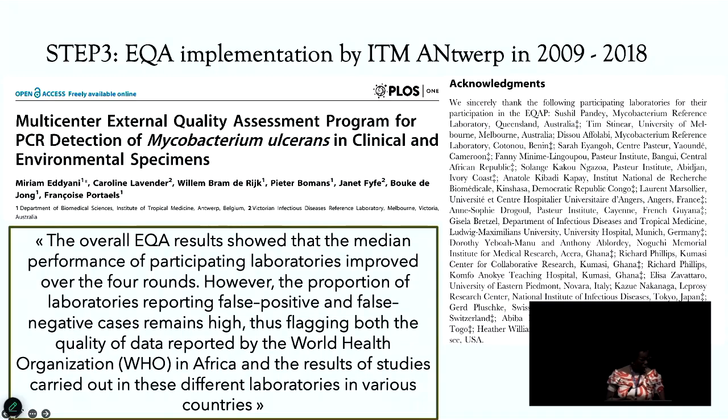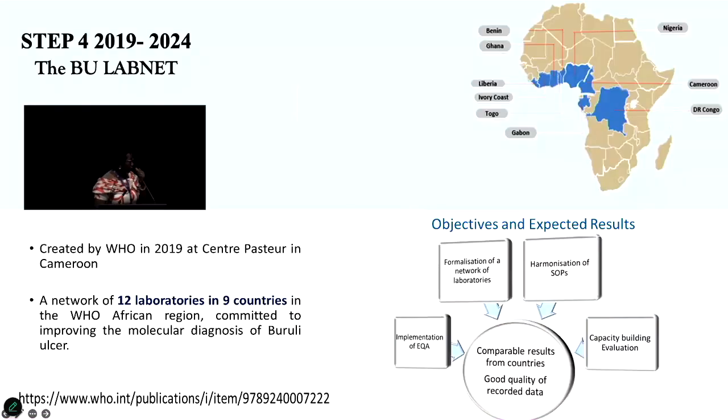So in 2019, we were able, with the support of WHO, to build the network and have our first meeting. Later on, the program manager of the BU LabNet will do a presentation on the process of how we harmonize.